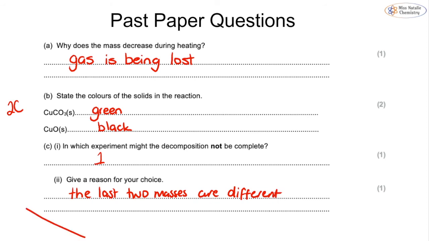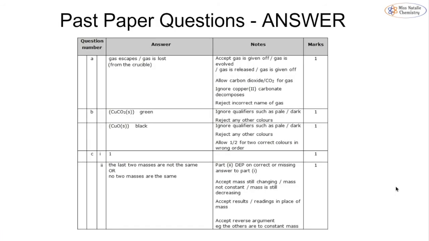Remember, we always want to heat to a constant mass. And in the case of our experiment 1, we have not done that. And you can see there is the answers to those past paper questions, specifically saying about the fact that the last 2 masses are not the same.